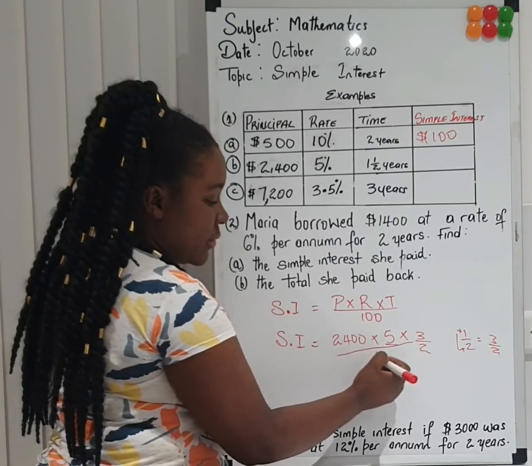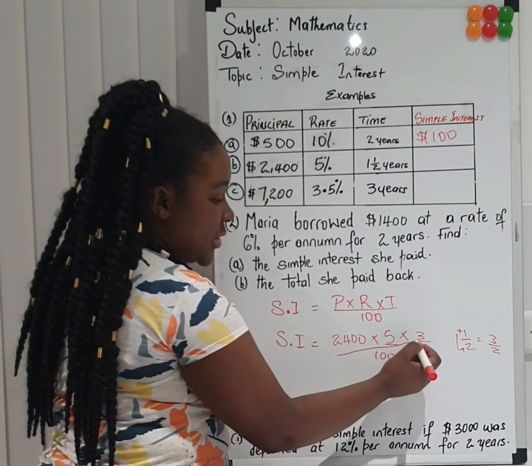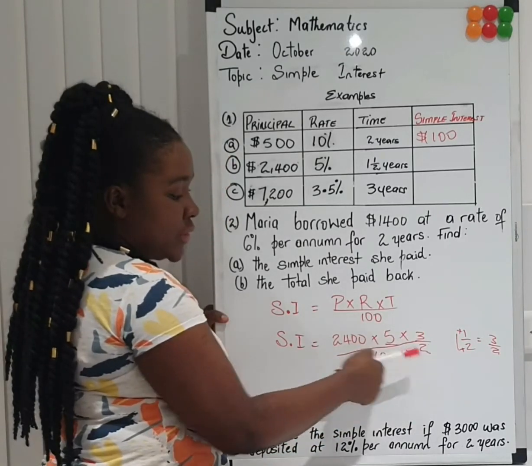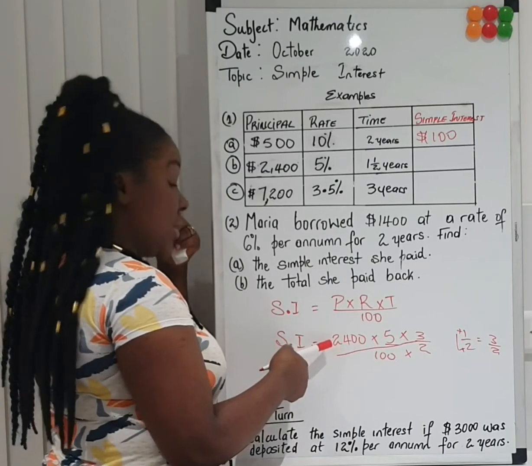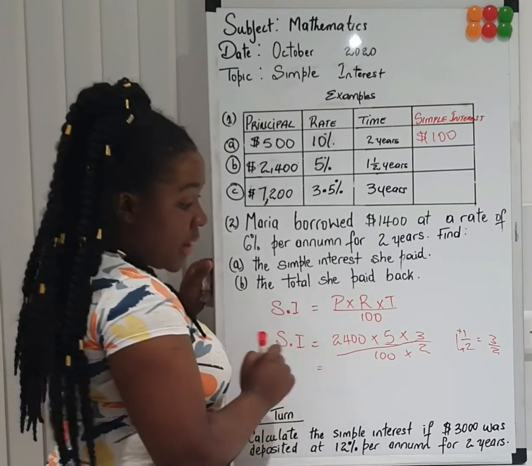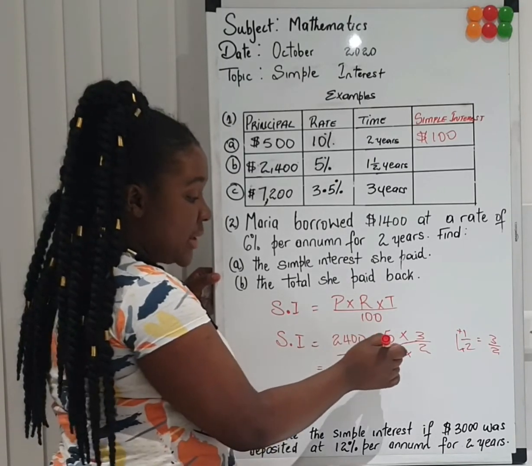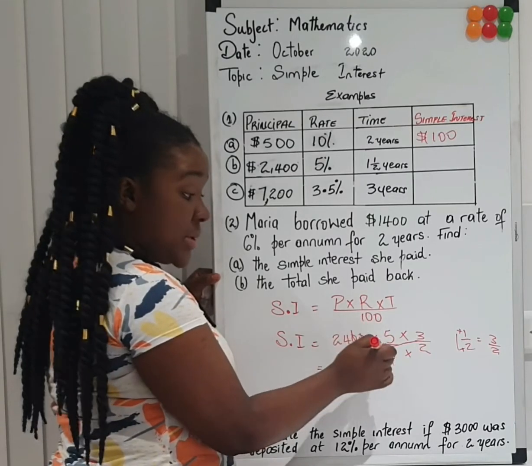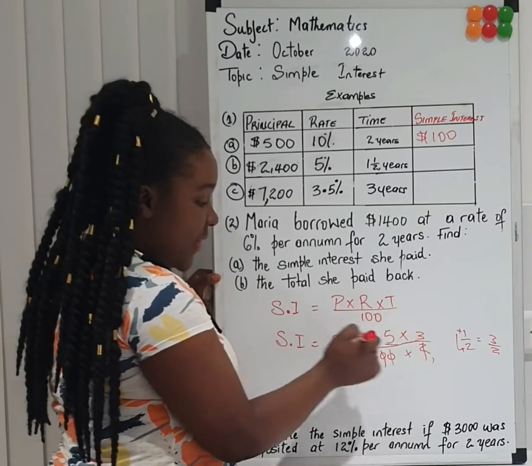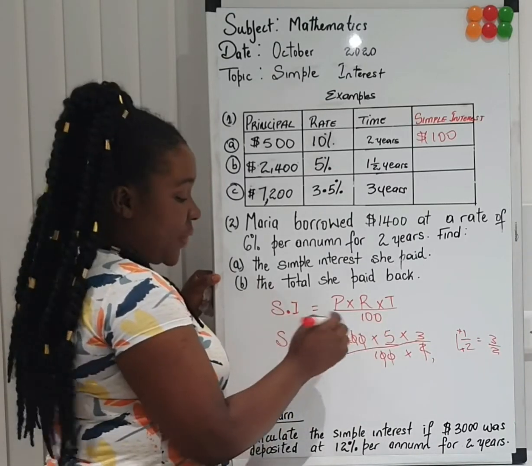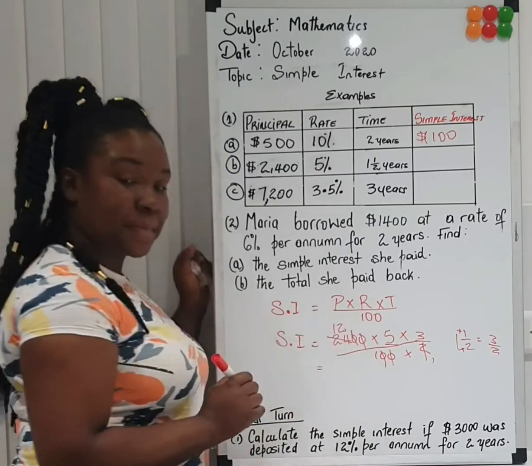and that's here over 100. So we basically have 3 over 2 times 5 times 2,400. And we're going to go ahead and cancel where we can. So 0 cancel 0, 0 cancel 0, 2 cancel itself, and 2 into 24 goes 12 times.